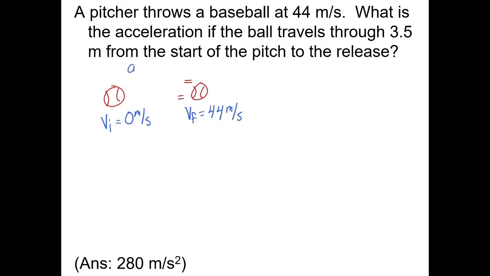We don't know the acceleration. But we do know that the pitcher is going to travel, or the ball is going to travel, 3.5 meters. Didn't tell us anything about time, did they? There's no T, and they're not asking for time either.